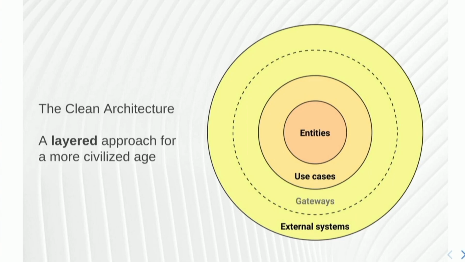What is it? It's a layered approach. So it's a way to structure your software project, right? Your code. It's layered and it's circular. So in the traditional definition, we have 4 layers. You can have more of them, but these are the traditional ones. Entities, use cases, gateways, and external systems.